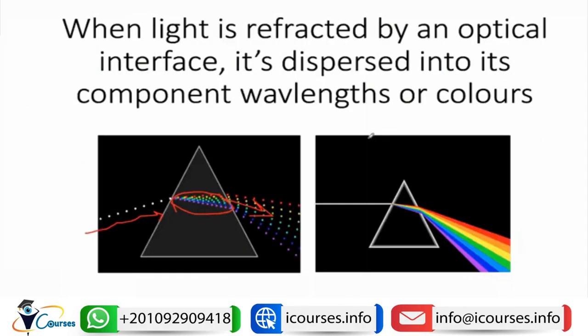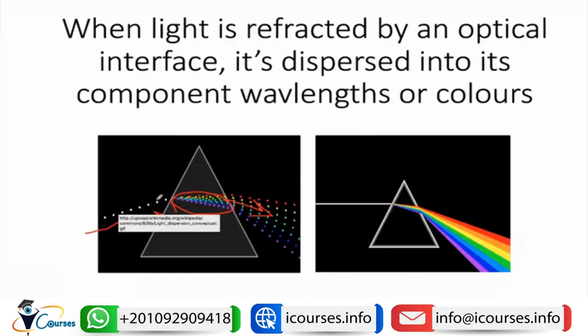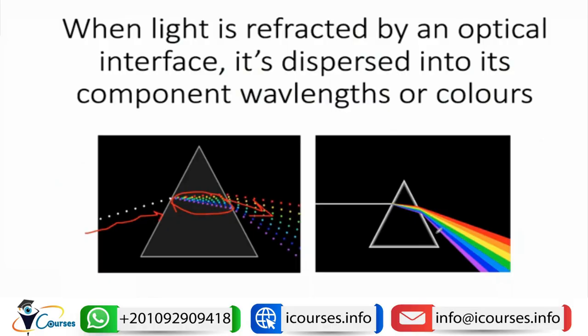In this example, the white light enters a refractive medium, and this medium causes dispersion of the light. The dispersion is more for the blue, so the blue is bent more while the red is bent less. This property is called chromatic aberration.